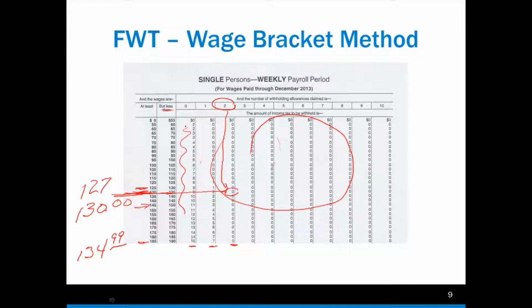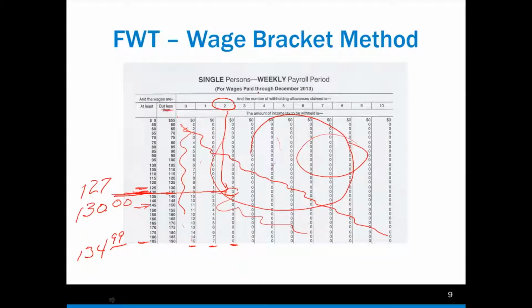As you get paid more and you have fewer deductions, the amounts withheld work their way down this way. This ends up being 0 because you have more deductions. Because you get paid more, you have more money that's withheld.